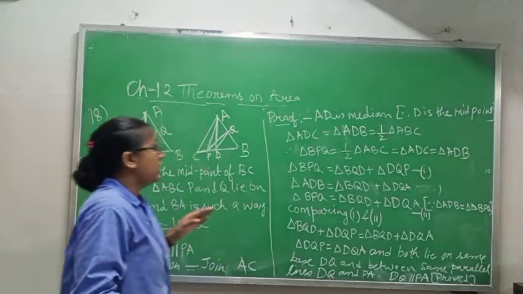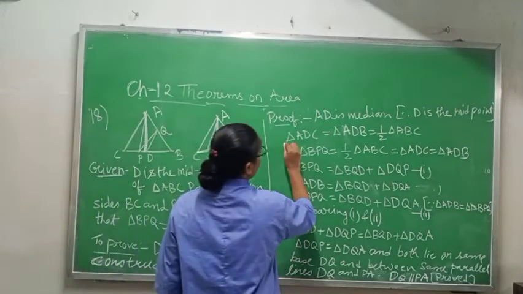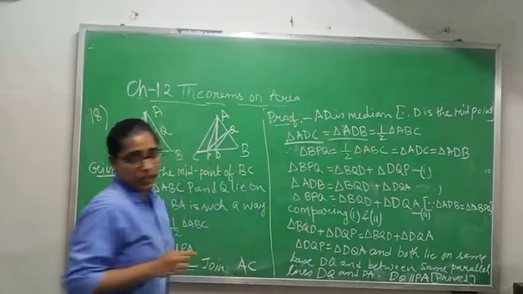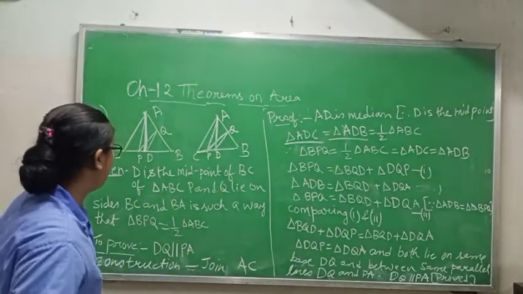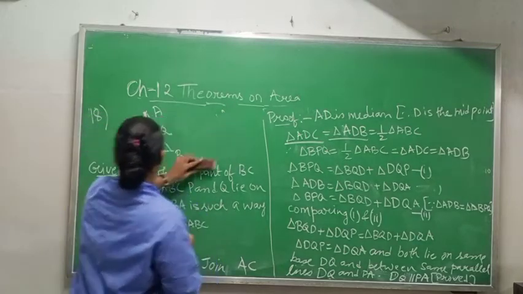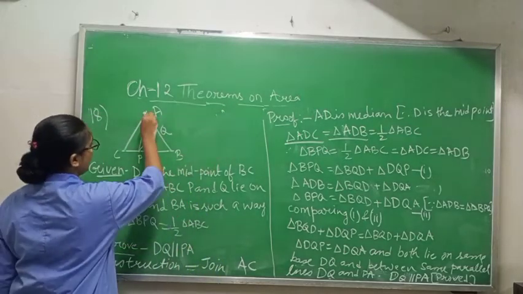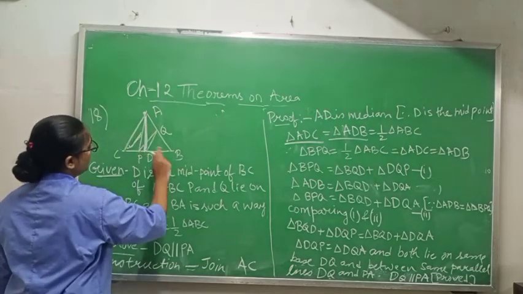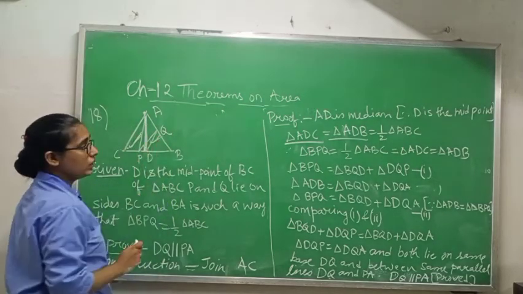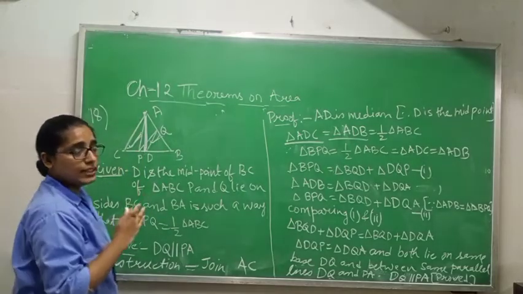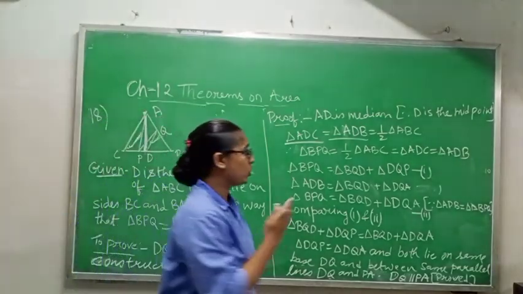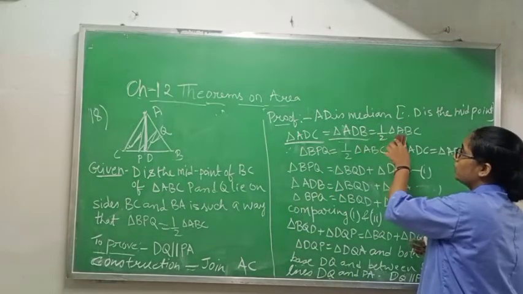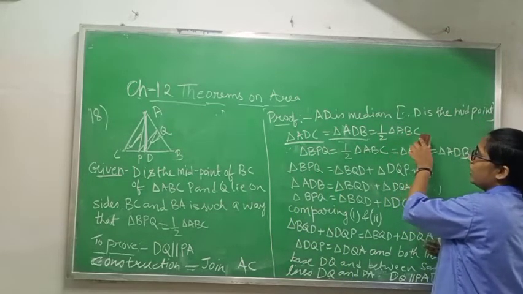If AD is median, it means that two triangles will be equal: triangle ADC and triangle ADB. These two triangles will be equal because AD is the median, it will divide any triangle into two equal parts or halves. So triangle ADC equals triangle ADB equals half of triangle ABC.